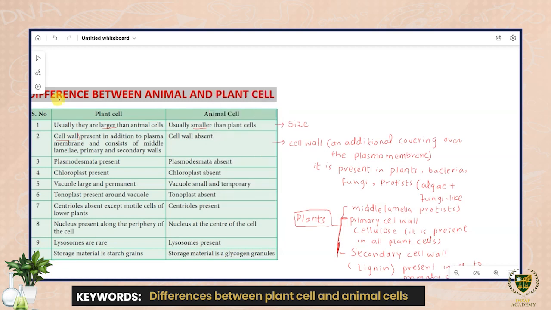Now, the plasmodesmata are present in plants, while in animal cells the plasmodesmata are absent. So what is this plasmodesmata?